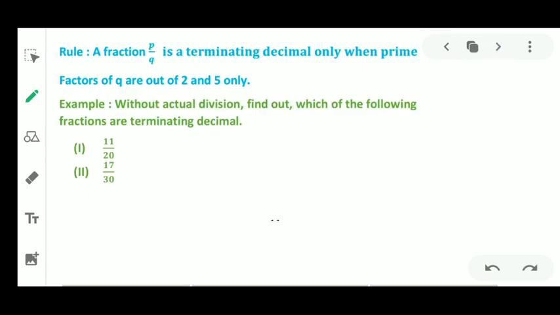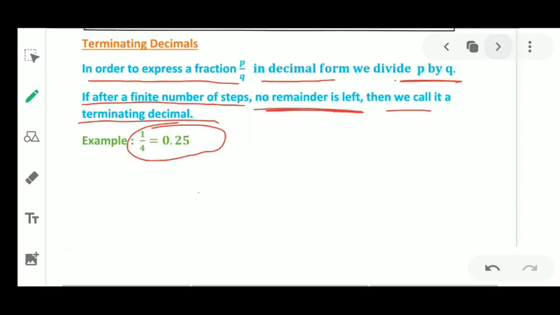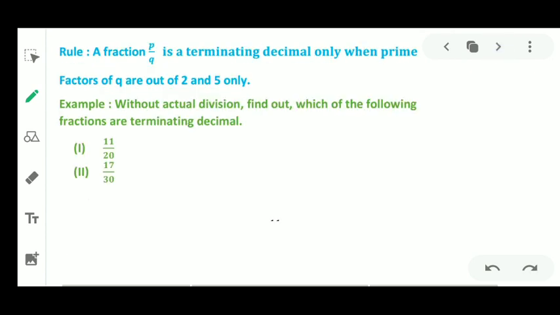Here we actually divide the number, then we can say the fraction is a terminating decimal. But without actual division, we can also say whether the fraction is a terminating decimal or not. For that, we have a rule. Now what is the rule? A fraction p by q is a terminating decimal only when the prime factors of q, that is the denominator, are out of 2 and 5 only.